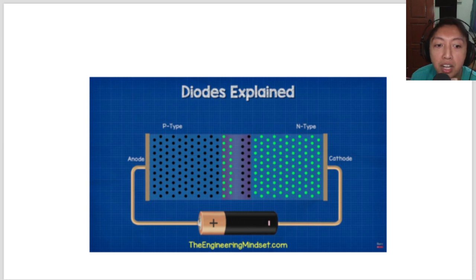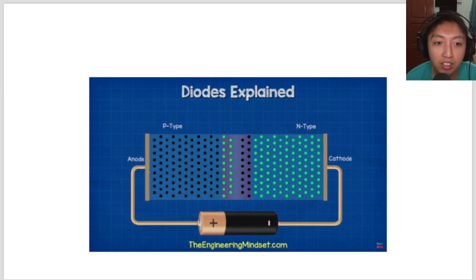When we connect the negative side to the N-type, the negative side starts to release more electrons, right? When these electrons from the negative side of the battery reach the N-type substance, it now has even more electrons.